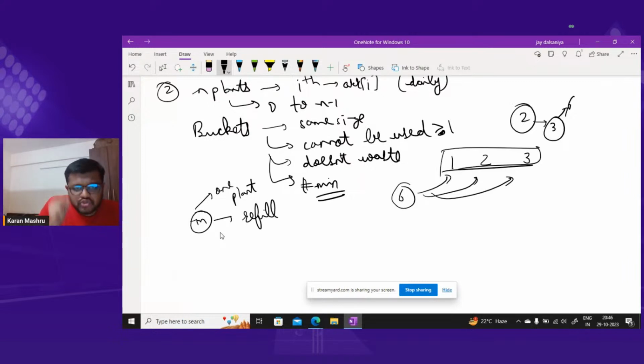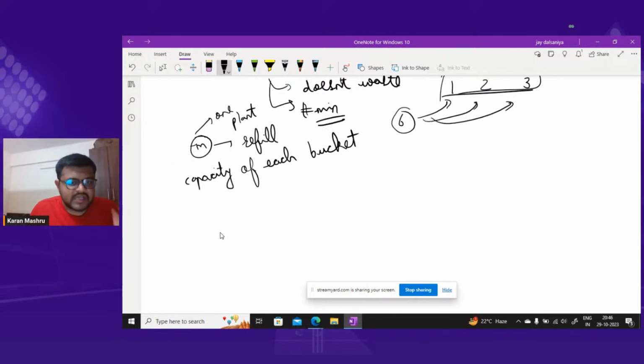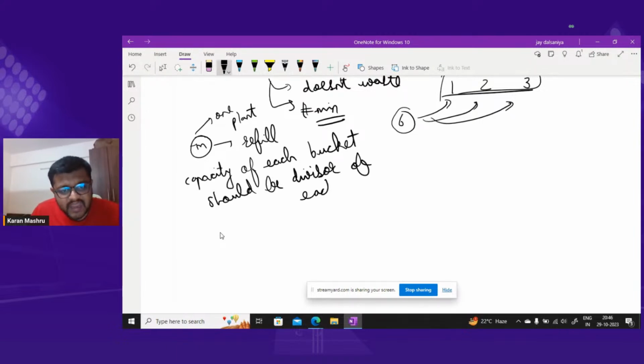So can I say the capacity of each bucket, which should be same, or the size of each bucket should be a divisor or factor of each arr[i], right?